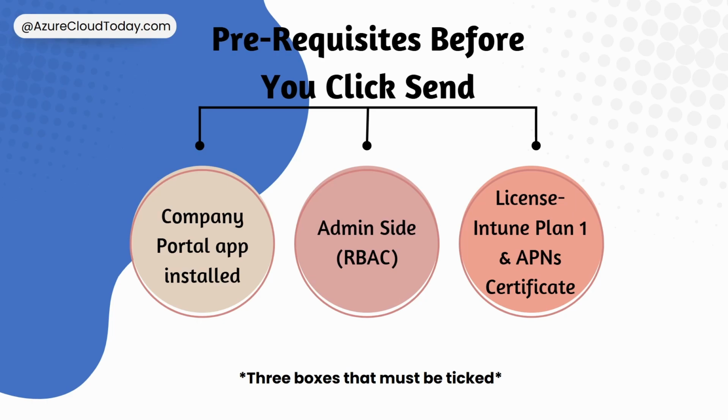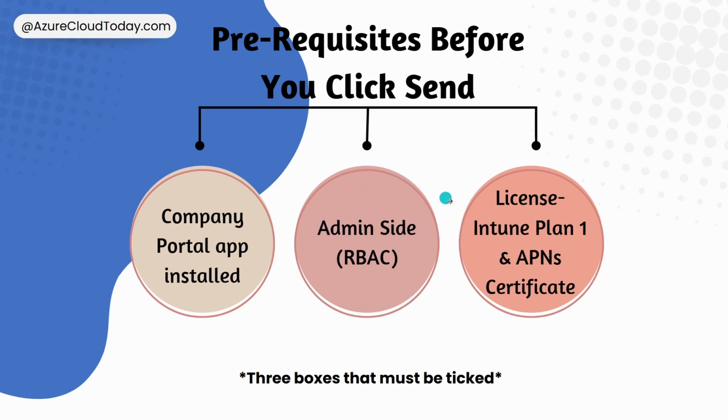Now you receive this only because you have allowed WhatsApp to send notifications to you from the settings or have allowed it while installing the application. The same goes with company portal application. If you have stopped the notification, then you would never receive the notification.